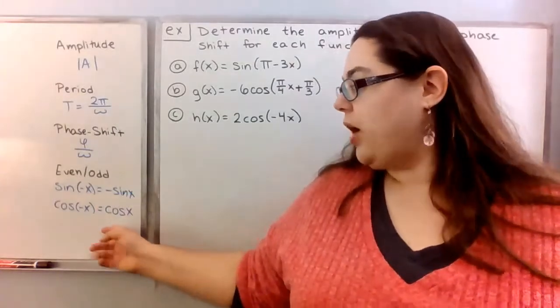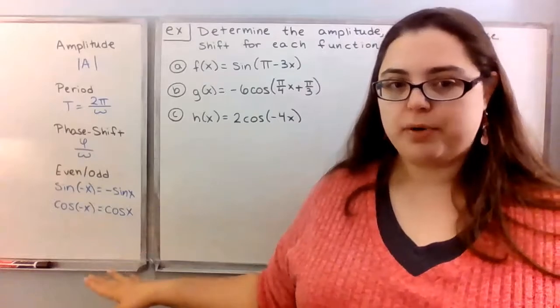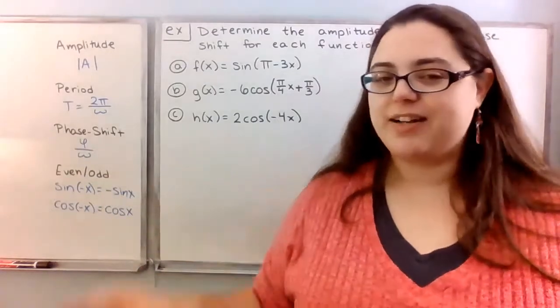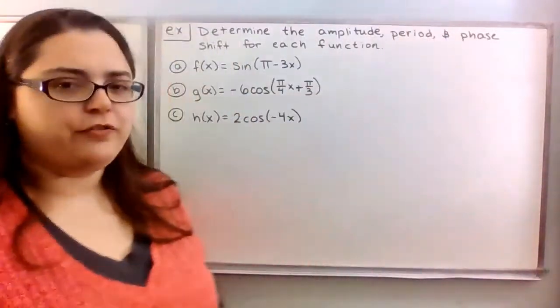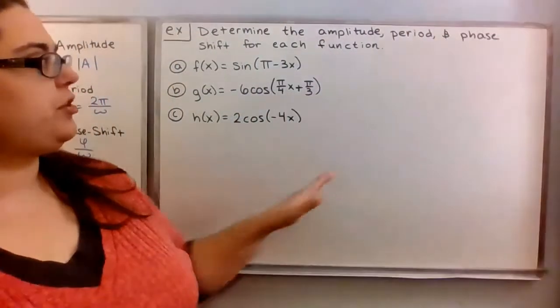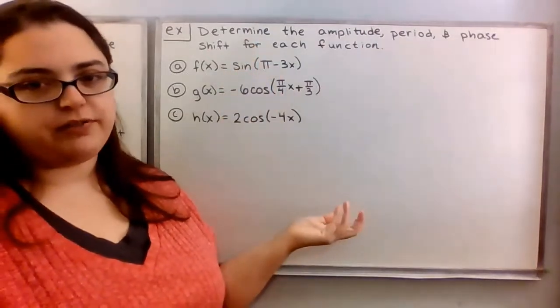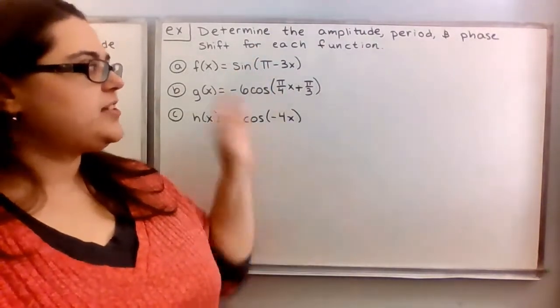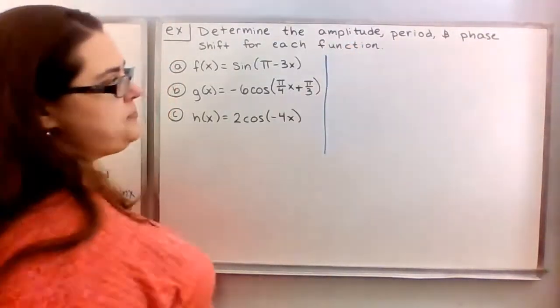So we are going to get different results when we apply those properties, because one function is odd and the other one's even. So you want to make a note of that. Now for this example, we're going to determine the amplitude, period, and phase shift for each of these 3 functions. So let's dig in. We'll do example A and go about our way.